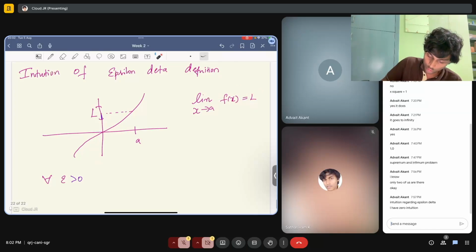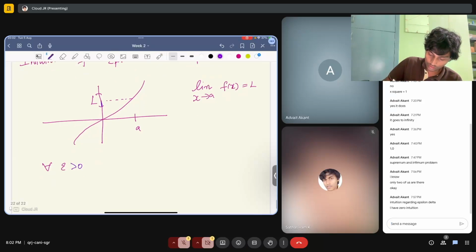I'll make f of x go closer to L by making x go closer and closer to A. Whatever closeness you want, I can make x go closer to A. That closeness I'm just calling delta.